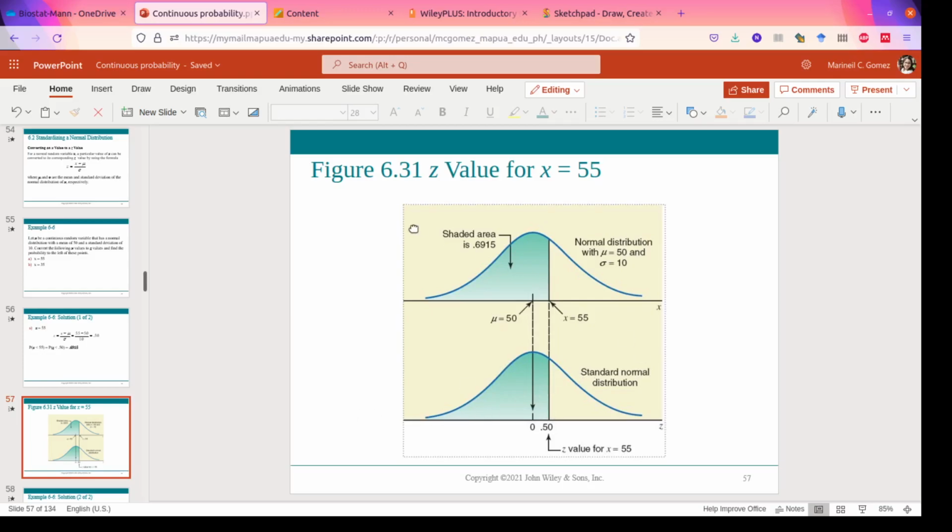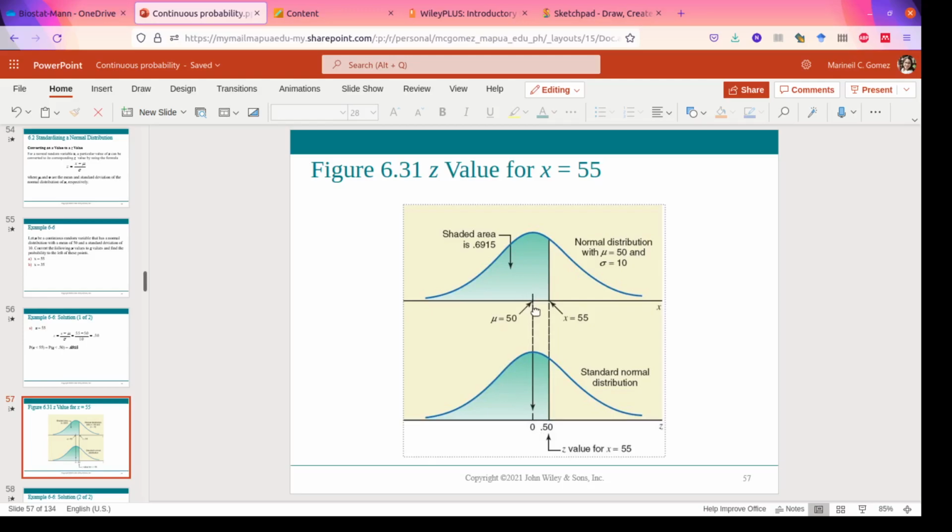That's the reason the standard normal distribution is there. We convert the data so that we can easily know the area beneath the curve, because otherwise we would need to calculate this whole thing. And remember, this is asymptotic, it extends to infinity. So good luck calculating that. You have this table for the normal distribution, which means the mathematicians and statisticians before had already done the calculations for you.